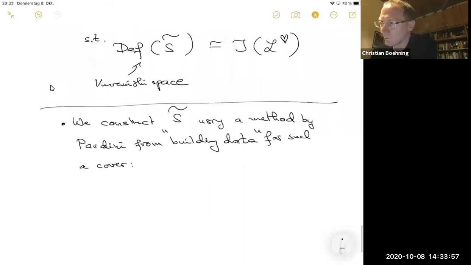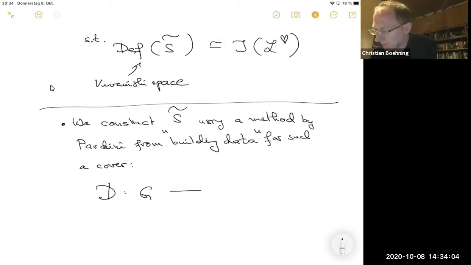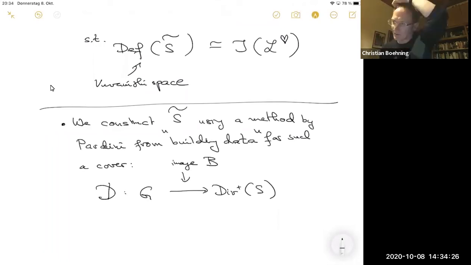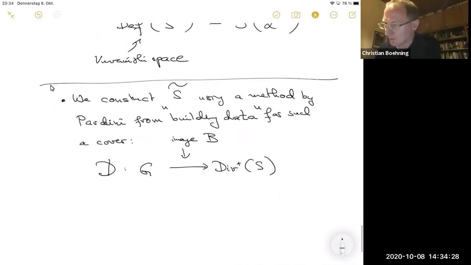Essentially you have to give yourself two maps D. Not homomorphisms or anything, just two maps from the elementary abelian group D to the effective divisors on S, with image your branch divisor, the ones of P that you want to construct your cover with.